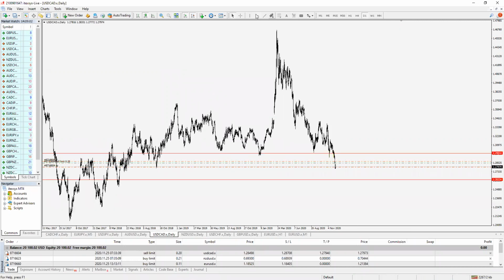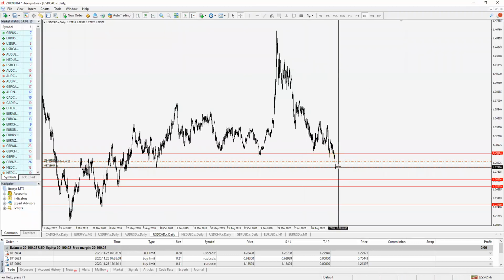Maybe there. Okay, you see that supply, you see that demand there. And of course, all the way down here, somewhere here. But we have a lot of space to that. Okay, we have almost 200 pips.